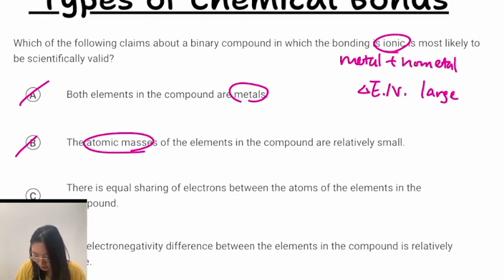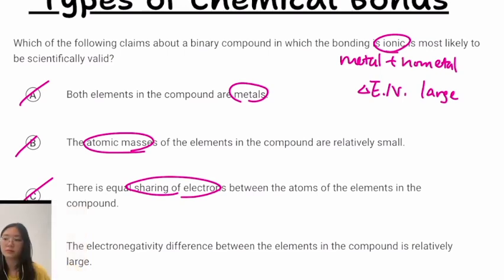Sharing of electrons is about the covalent bond. We're going to learn about it later, so it's not C either. D, electronegativity difference between the elements in the compound is relatively large. Yes, so D is the only answer.